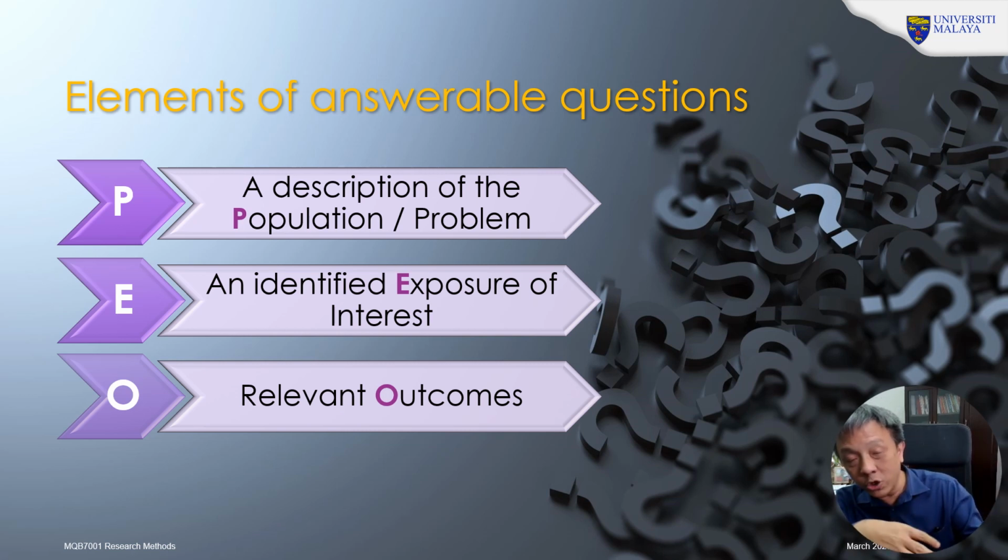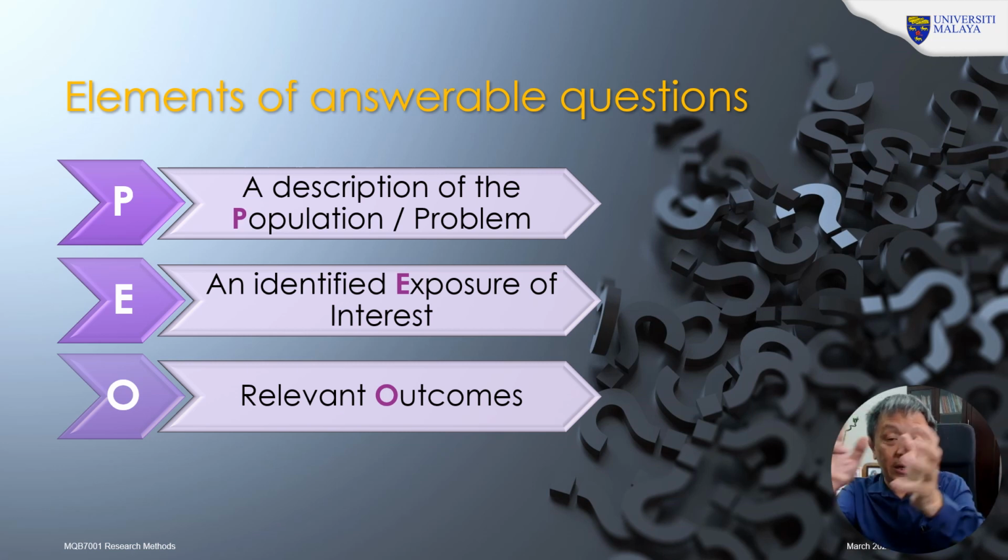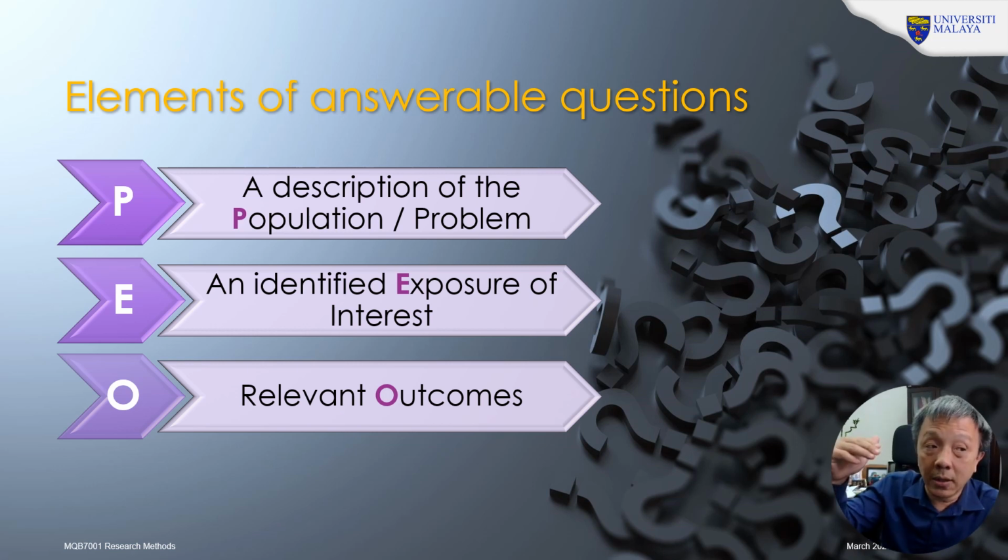Obesity can be exposure and also can be outcome. So it depends on how you do it. Obesity can be exposure for hypertension or for cardiovascular disease, but it can be outcome when you talk about diet. So you need to be clear when you talk about exposure, outcome, and problem population.